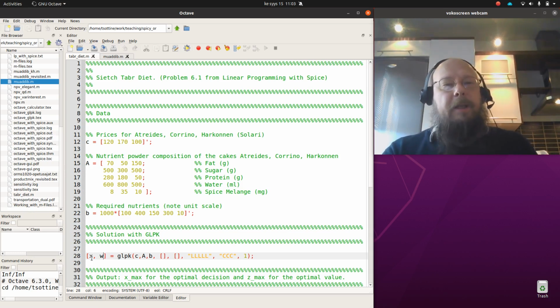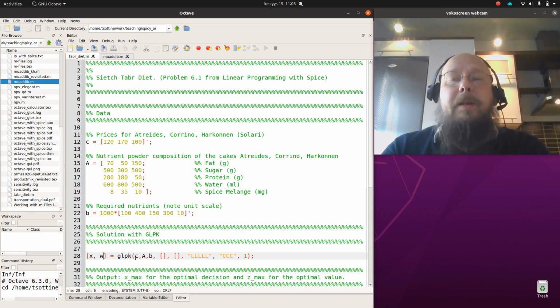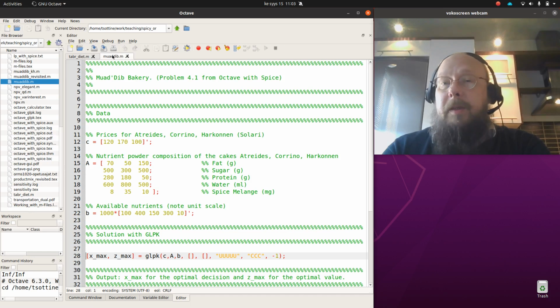So what comes next? This is something that you probably have seen before, and you will see this a lot. GLPK CAB, empty matrix, empty matrix. This is quite typically how we start things. And then comes the difference. So in this modedeep, we had upper bounds.